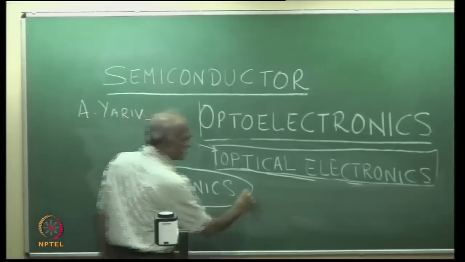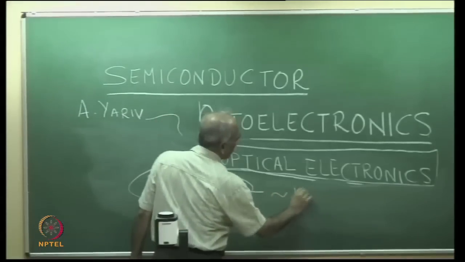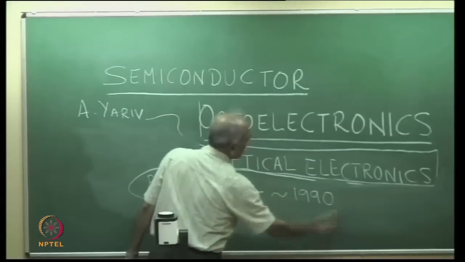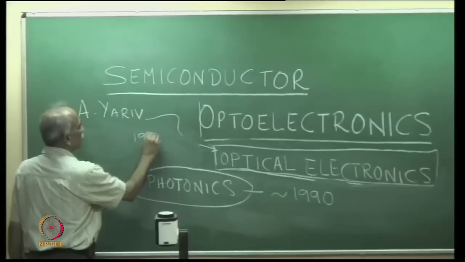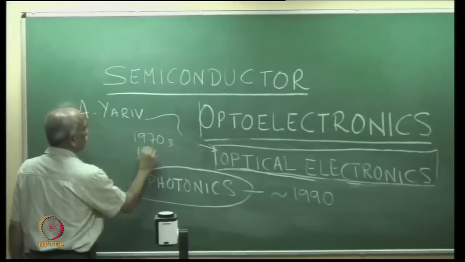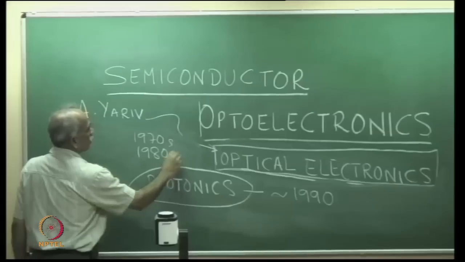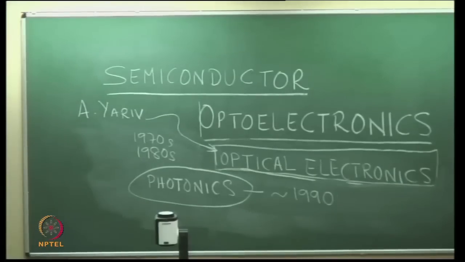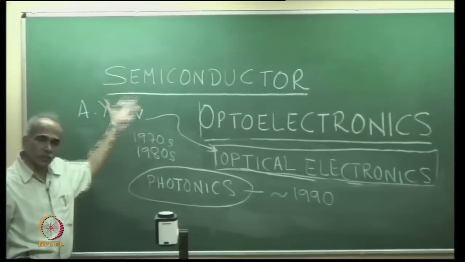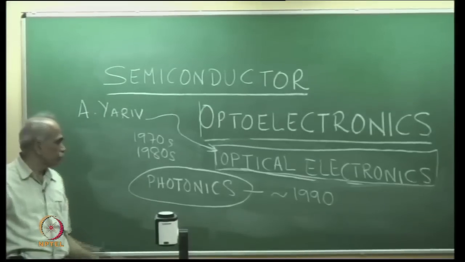So photonics, the word became popular in the 1990s. This was in the 1970s and 80s, it was called optical electronics, but from 1990 onwards, all these technologies together are called photonics.